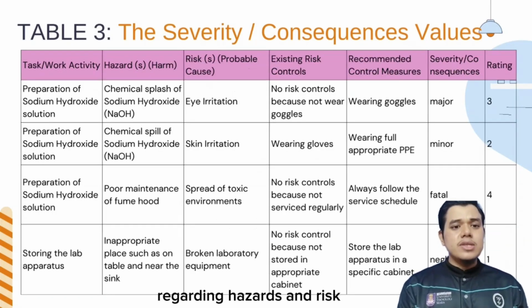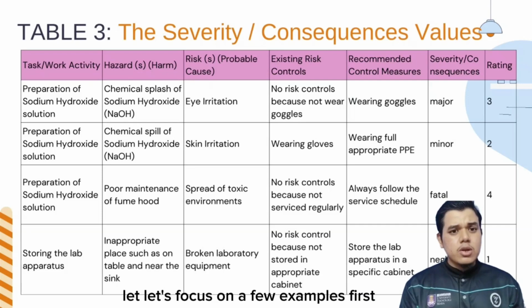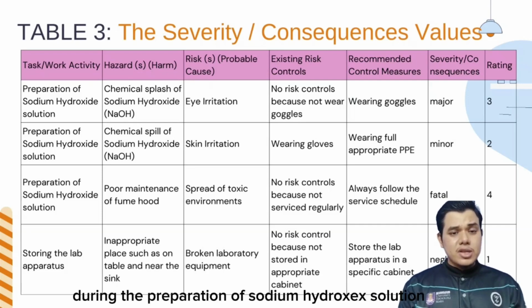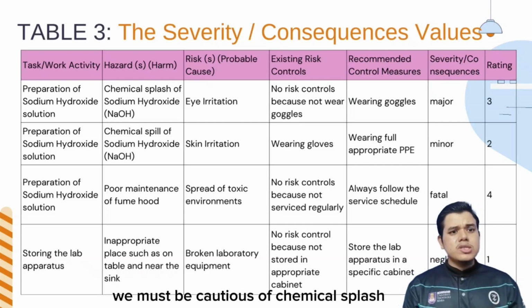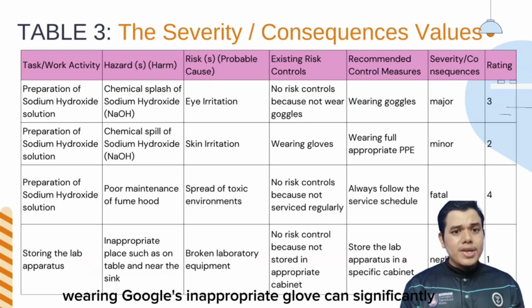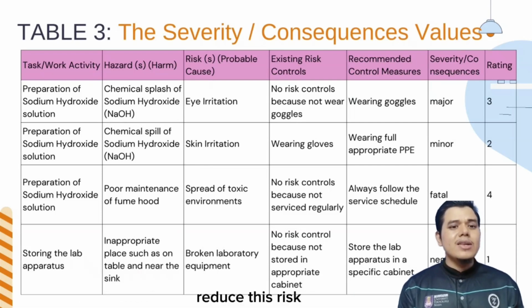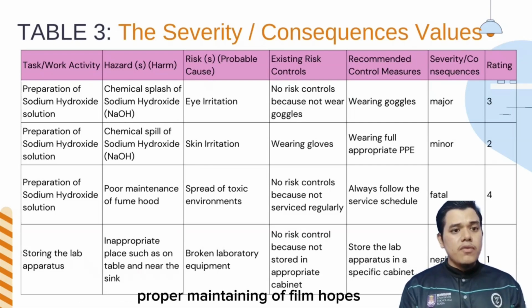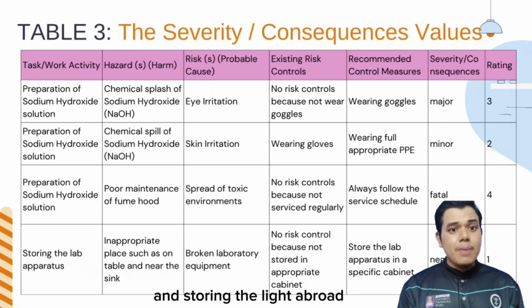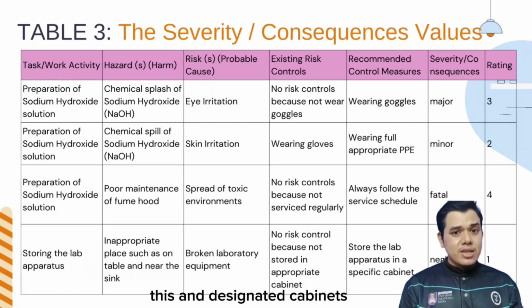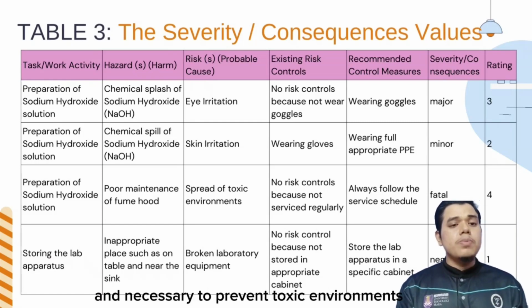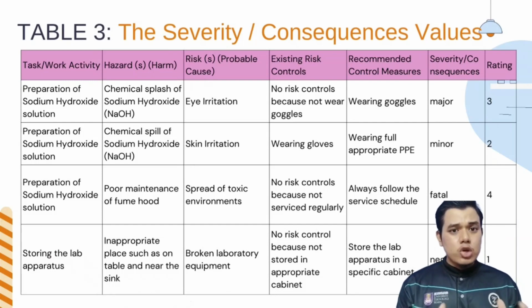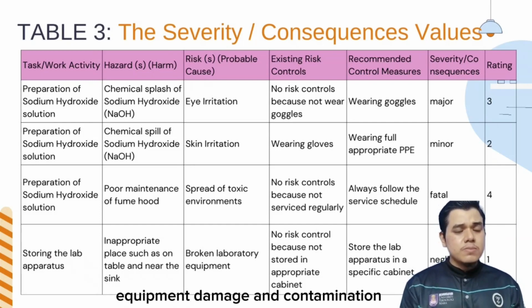Regarding hazards and risks, let's focus on a few examples. First, during the preparation of sodium hydroxide solution, we must be cautious of chemical splash. Wearing goggles and appropriate gloves can significantly reduce this risk. Proper maintenance of fume hoods and storing the lab apparatus in designated cabinets are necessary to prevent toxic environments, equipment damage, and contamination.